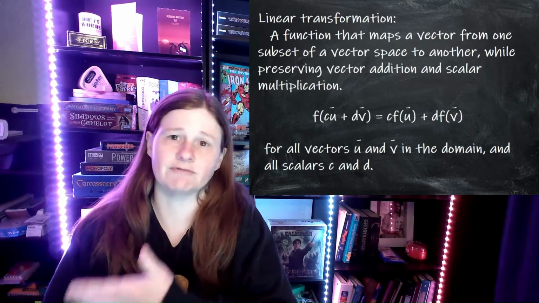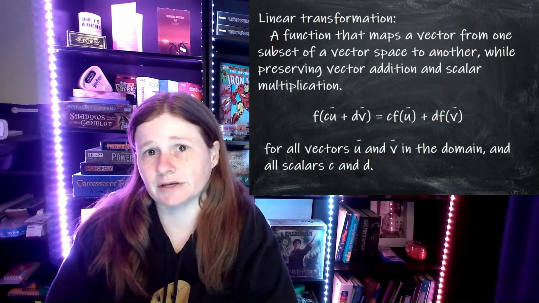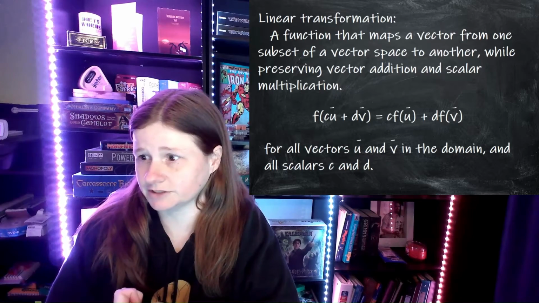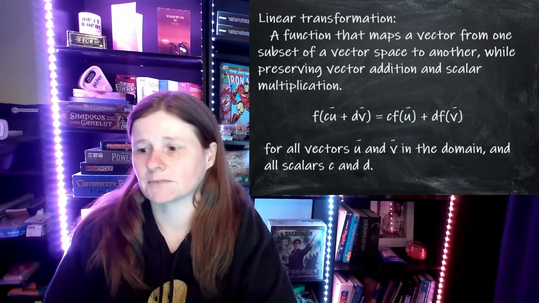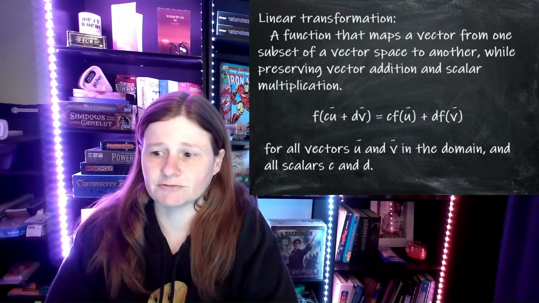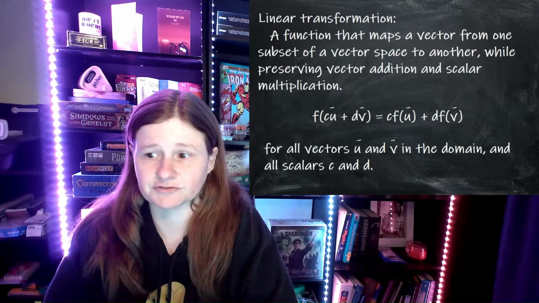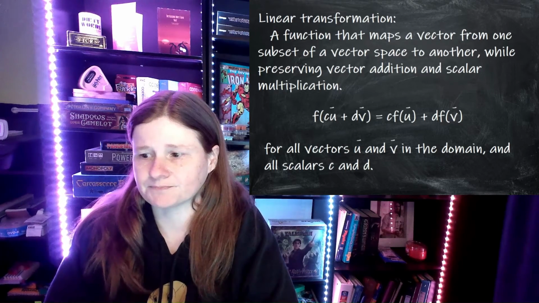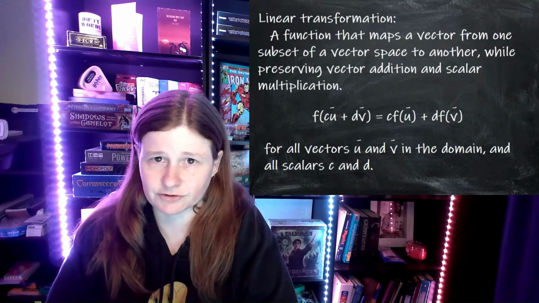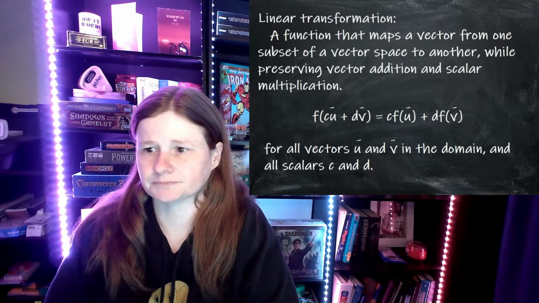Okay, so a linear transformation, it's just a function, right? It's going to map a vector from one subset of a vector space to another, and it's going to be preserving vector addition and scalar multiplication. Remember that from our last video. And here I've listed the formula we would use to prove that something was a linear transformation and does preserve both of those properties for any vectors in our domain and for any scalars in the real numbers.